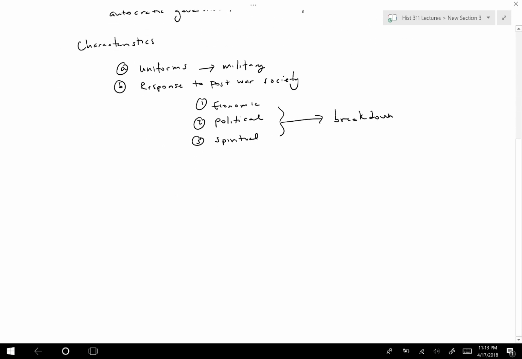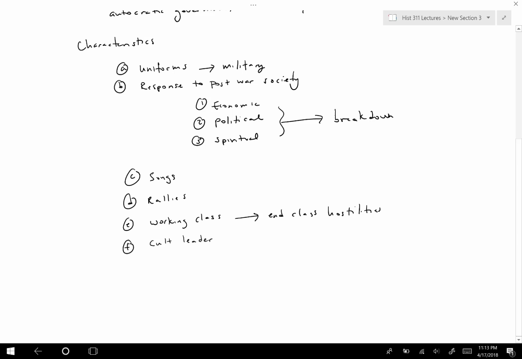Besides that, you also have songs that become a huge part of it, and rallies. It's usually the working class that it's targeted at, initially at least. What it's doing with this is ending class hostilities, because everyone becomes part of the nation. You have a cult leader, and there are usually promises of restoration of the nation.